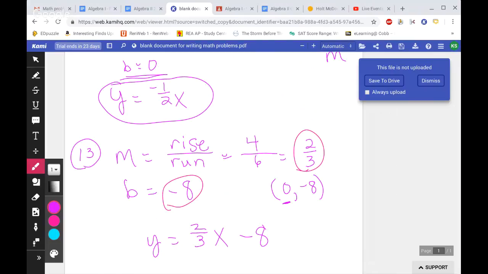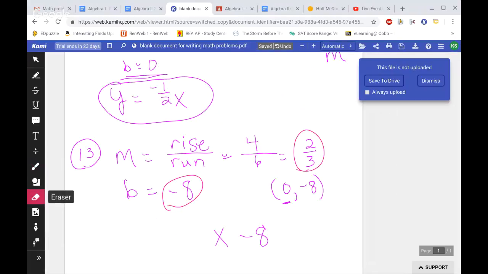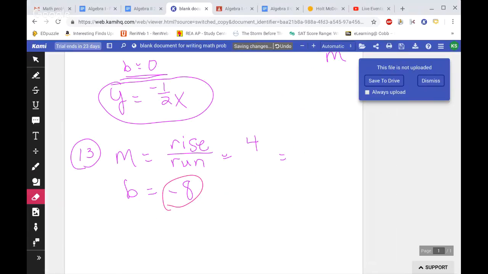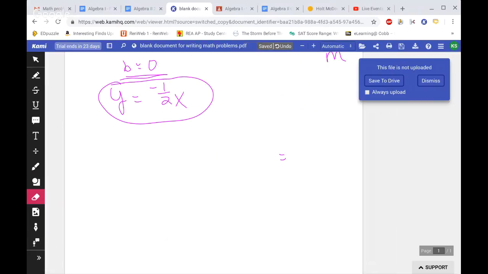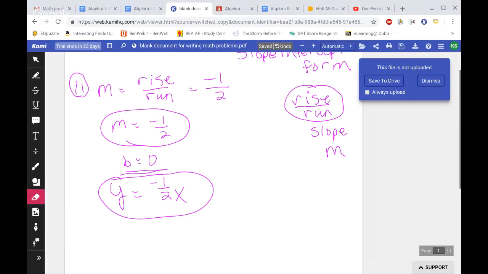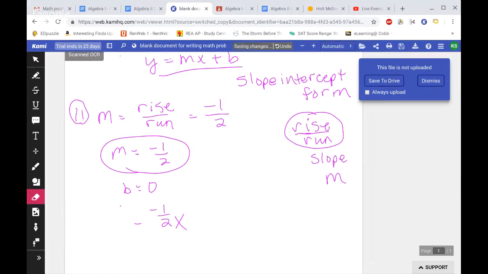All right. So we have one more in this section. Does everybody want me to do number 15? Yes, please. Okay. Y'all go ahead and be looking at number 15 and tell me what you think the rise is on number 15.